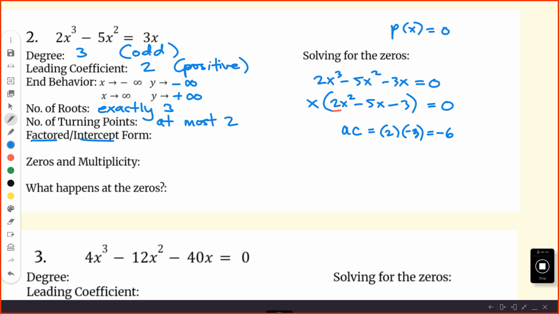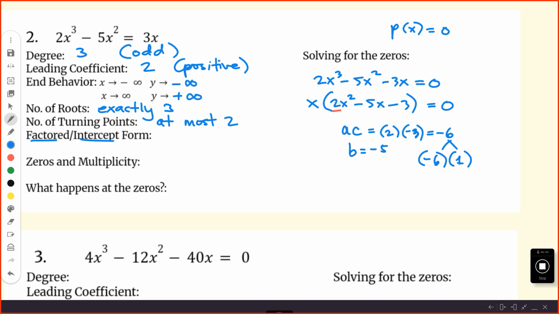Okay? So we think of 2 numbers that multiply to negative 6 and add to the middle term. The middle term is negative 5. So it should add to negative 5. Right? Negative 6 and? Yeah, negative 6 and 1. Okay, 1 is negative, the other is positive. Question? Okay, so we know negative 6 and 1.